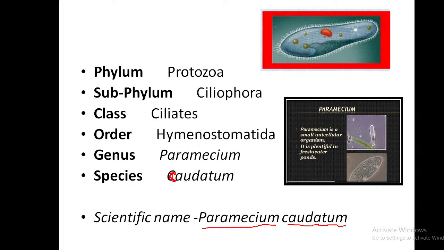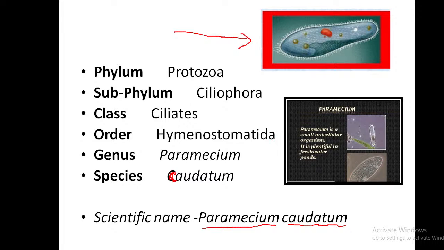And here you can see this is actually a diagrammatic representation of paramecium. When you look under the microscope, it's very easy for you to see this. You just take a little amount of water, or keep a drop of water on a glass slide, and observe under the microscope.